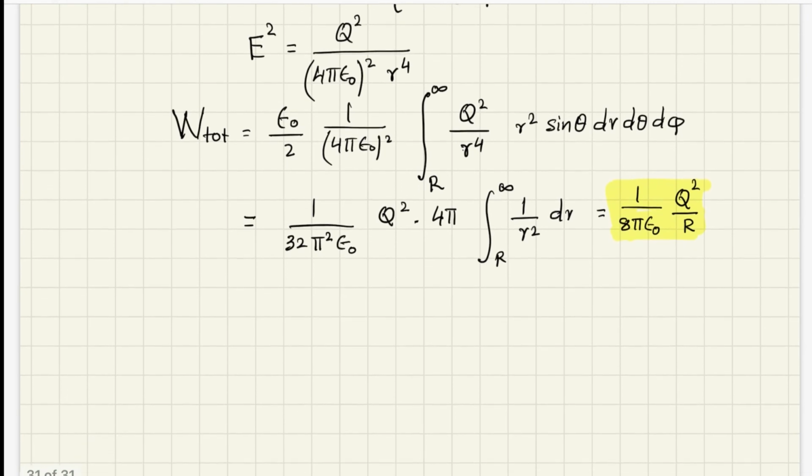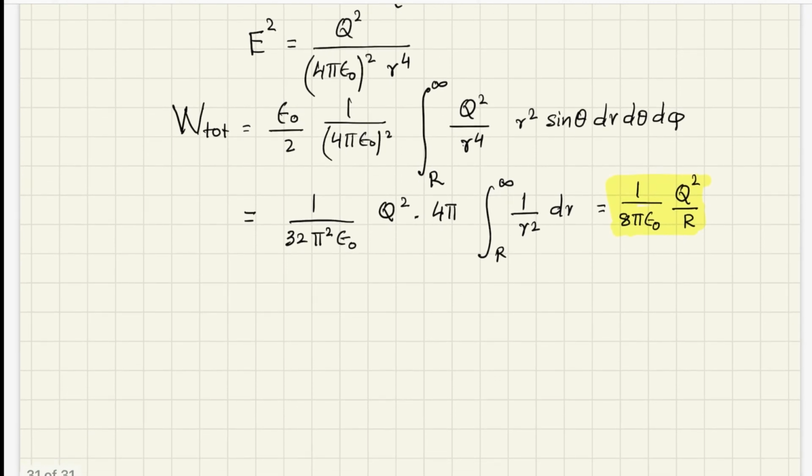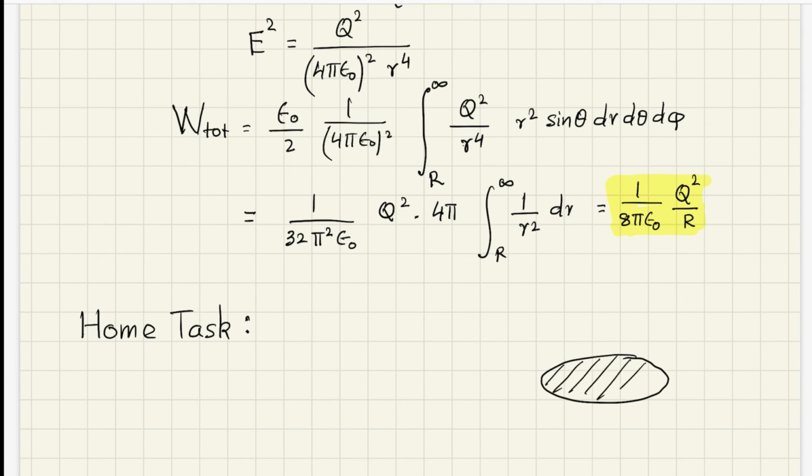But the methods are not always applicable. All these methods are not always applicable. For example, take as a home task: suppose I want to find out the energy stored in a charge configuration which is a disk of radius R and charge density sigma. Now, can you use the field method here?